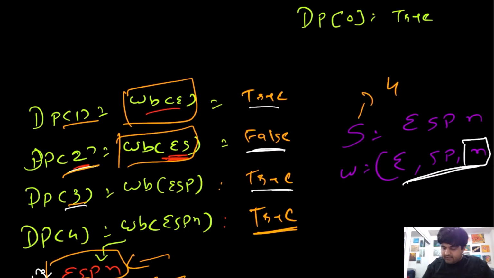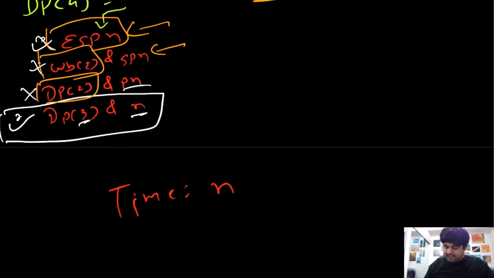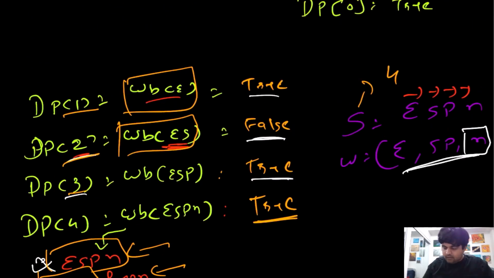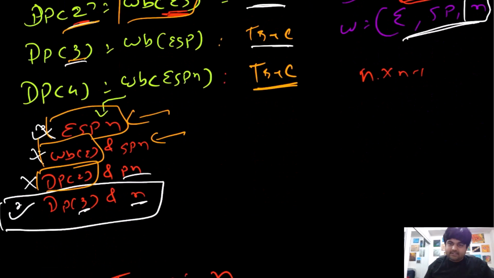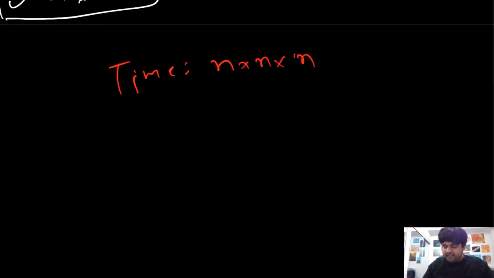Let's calculate the time complexity. So we are iterating over all the elements at least once, so that is an n. Then we are also creating substrings. So for every value n, there can be n minus 1 substrings, which means that we need to do additional n work. So the time complexity would be big O of n cube.